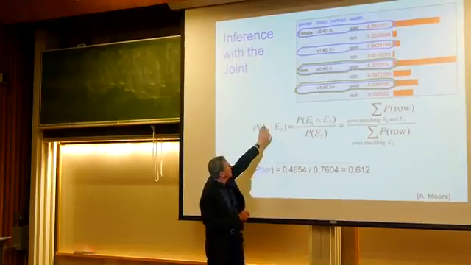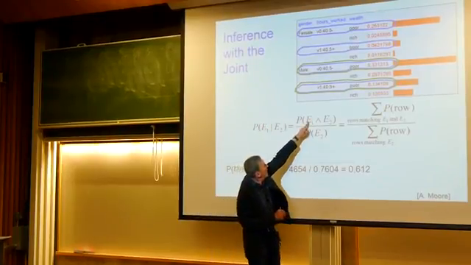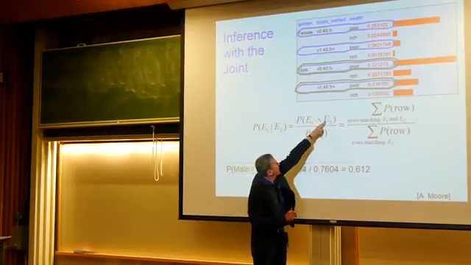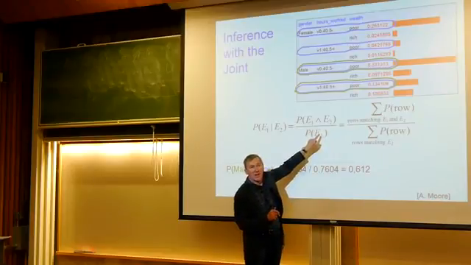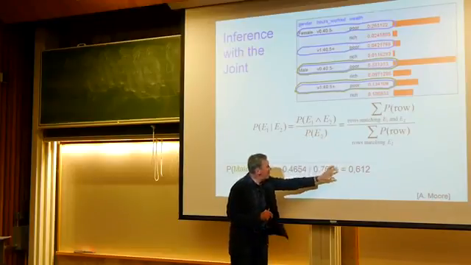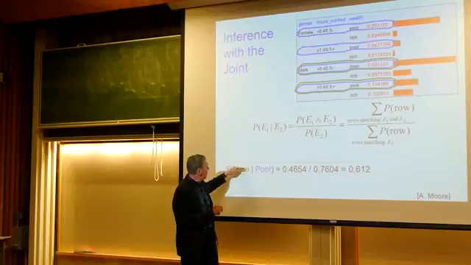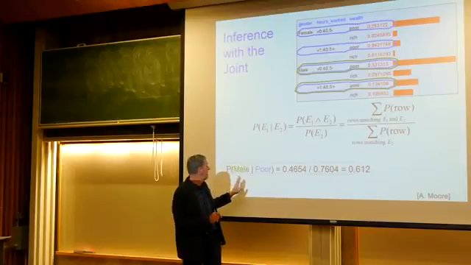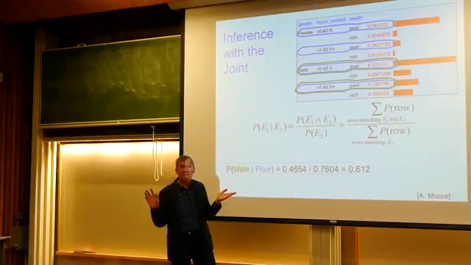Because if we do female given poor, then we'll have female and poor over poor. And so given that you're poor, the conditional probability that you're male given poor plus the conditional probability that you're female given poor equals 1.